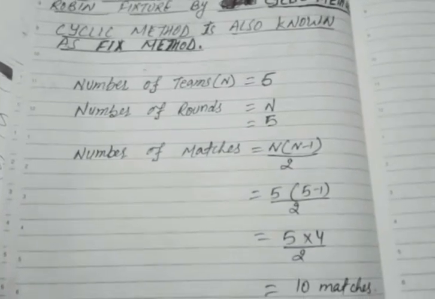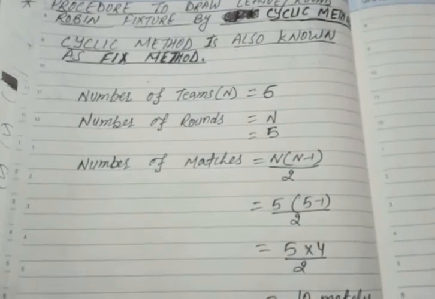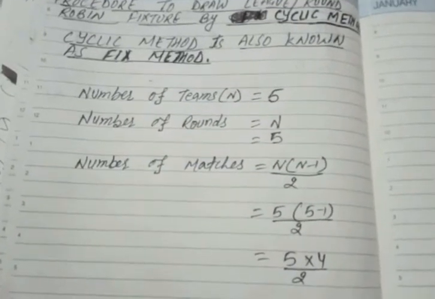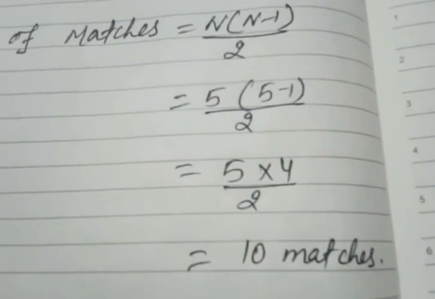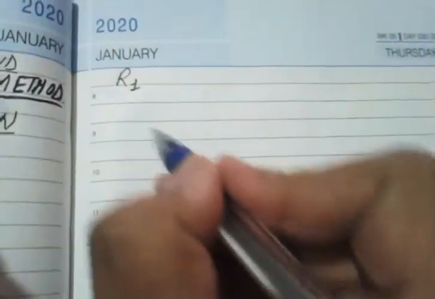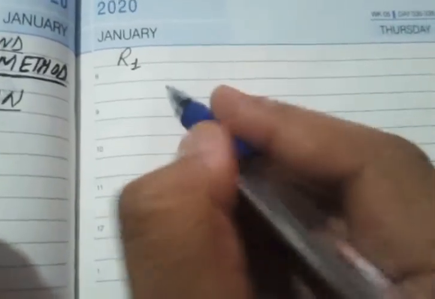Now we have to arrange teams for rounds. For every round the arrangement of teams will differ. So for the first round, let me make it clear to you.